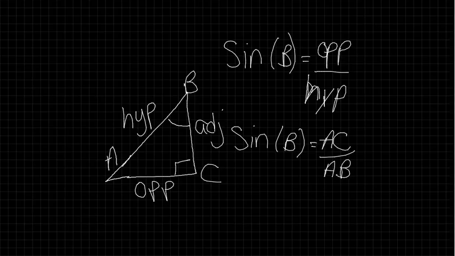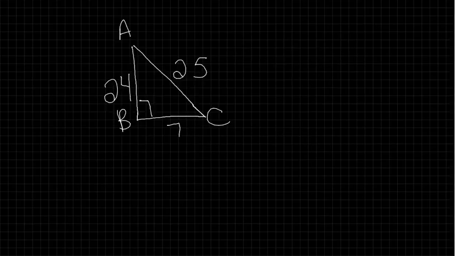Okay, so usually when we are finding sine of angles, we are given actual measurements for our side lengths. So if we want to find sine of angle C, again, sine is going to be opposite over hypotenuse.